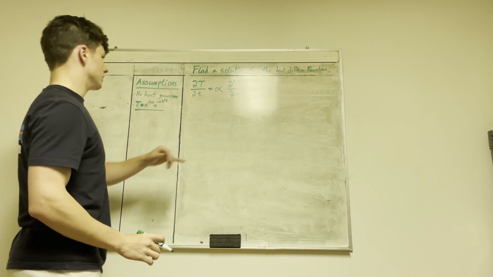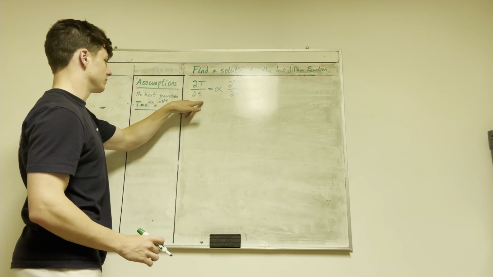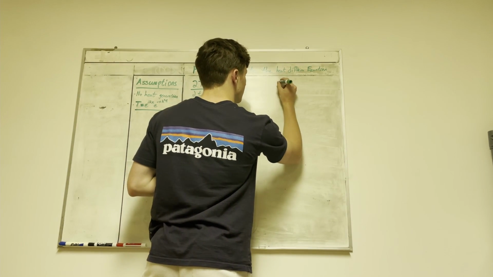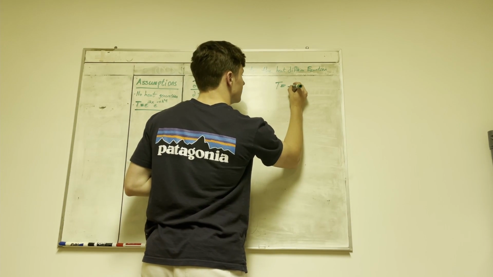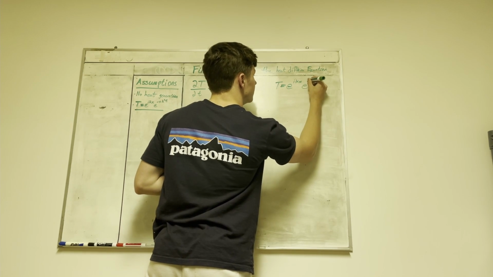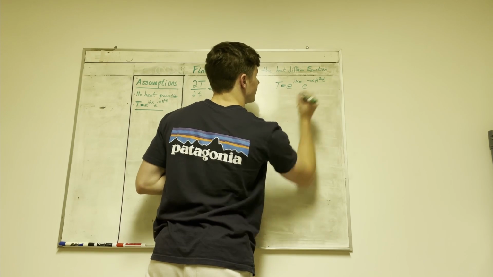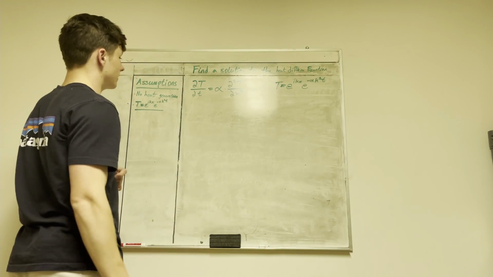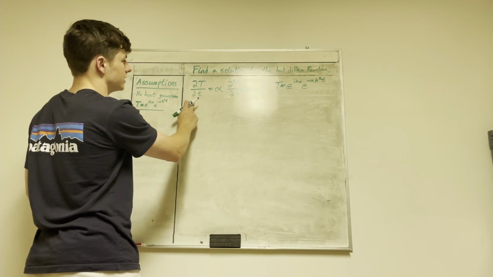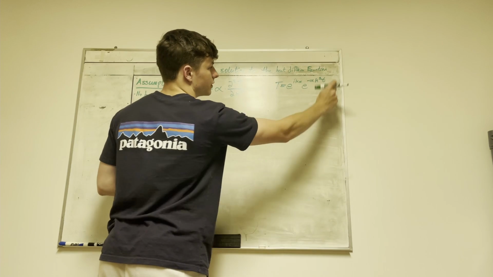So what we're first going to do is take the first derivative of this with respect to time. I'll rewrite this term for more clarity: T equals e to the ikx times e to the negative alpha k squared t. Our first derivative on the left-hand side of the equation is with respect to time, so we're taking the derivative of temperature with respect to time.